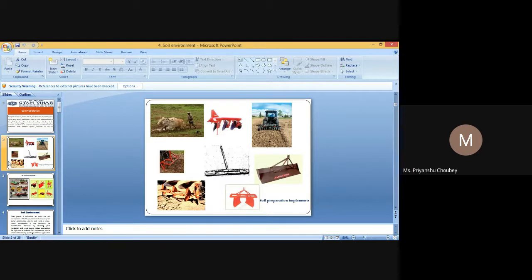So these are fundamental practices before sowing, for an agriculturist or farmer.